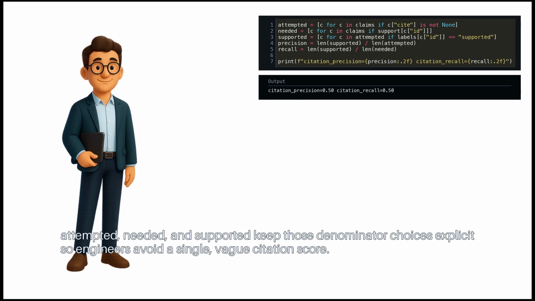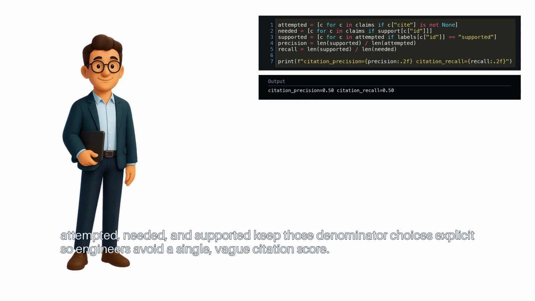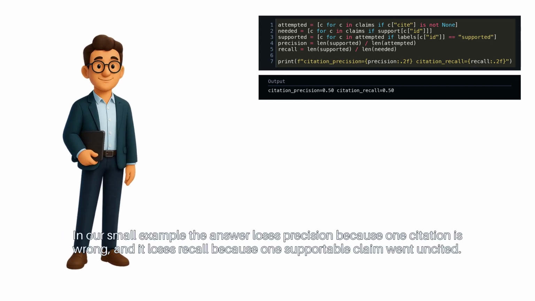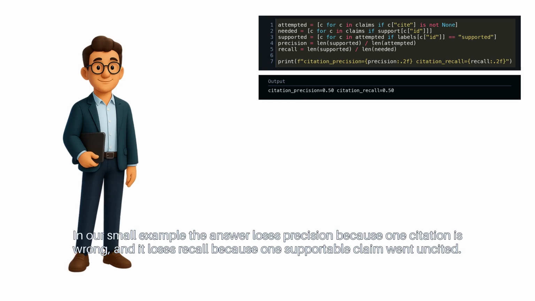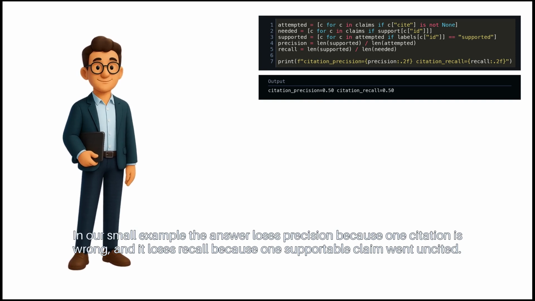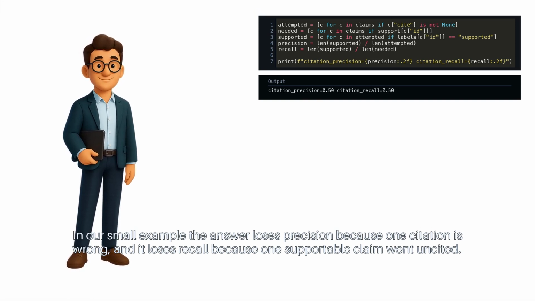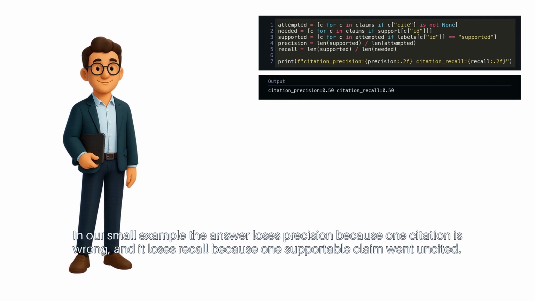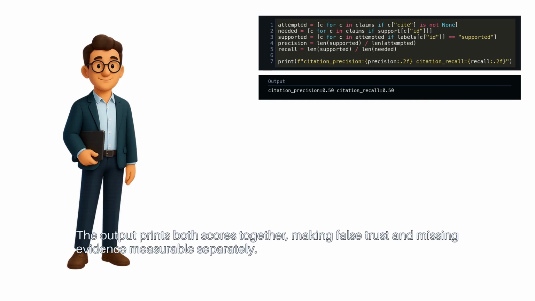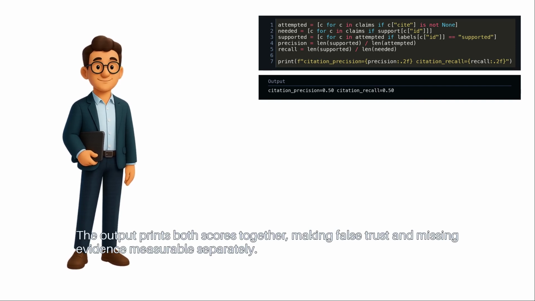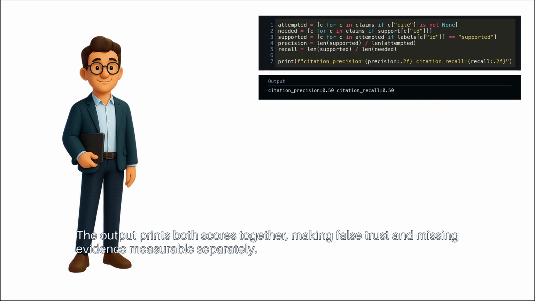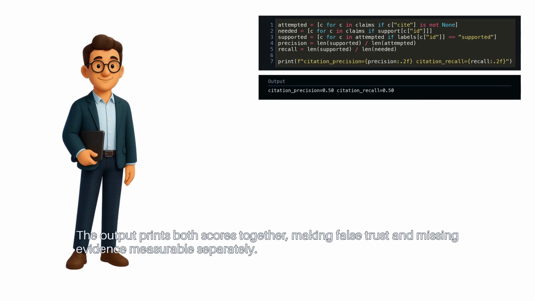Keep those denominator choices explicit, so engineers avoid a single, vague citation score. In our small example, the answer loses precision because one citation is wrong, and it loses recall because one supportable claim went uncited. The output prints both scores together, making false trust and missing evidence measurable separately.